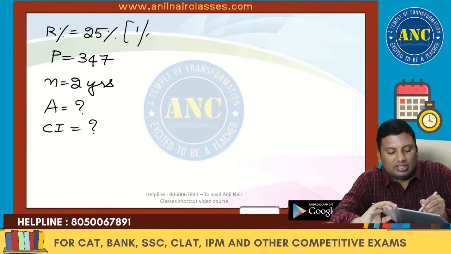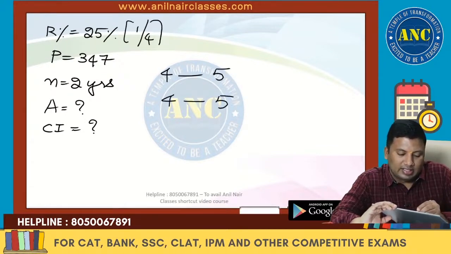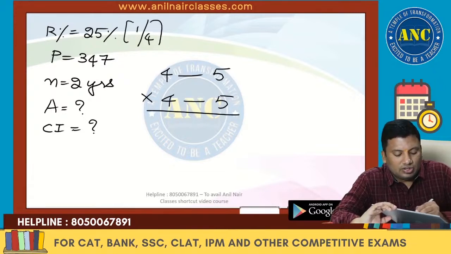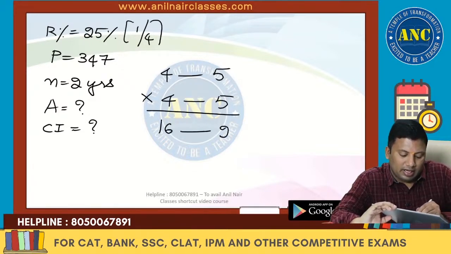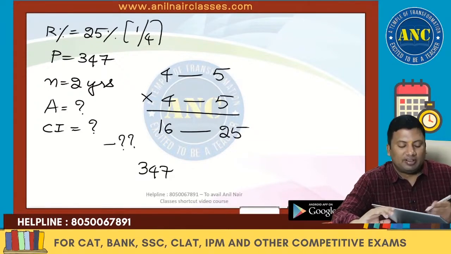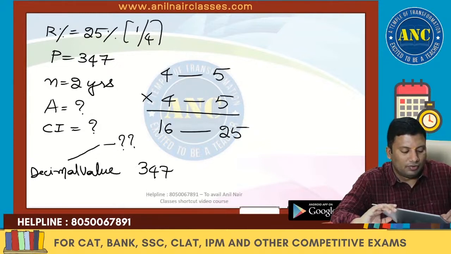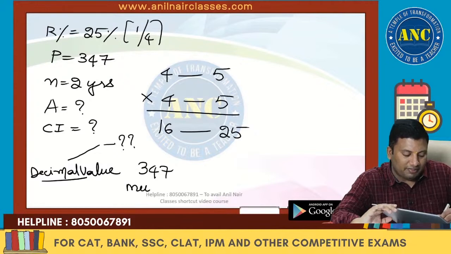25 percentage is 1 by 4. 4, 1 increase, it is 5. This is nothing but 16 becomes 25. 16 and 347. Finding this multiplication factor, it is in decimal value.